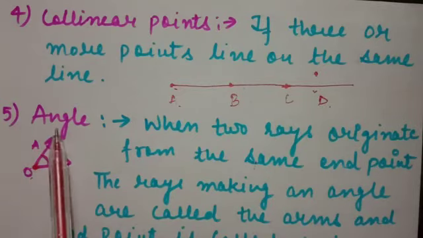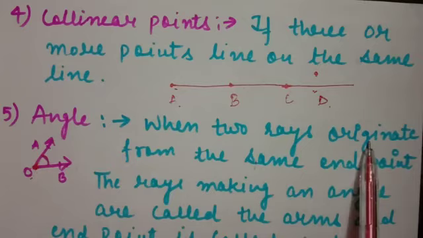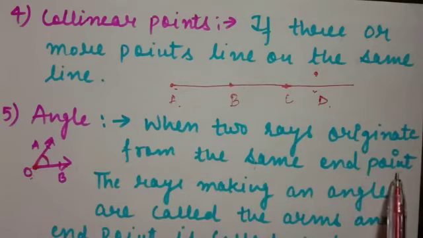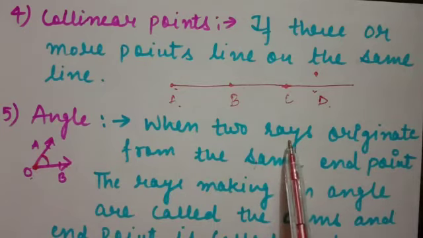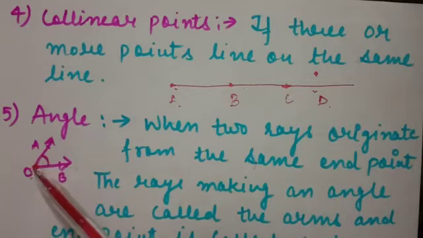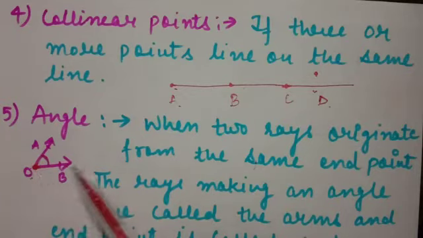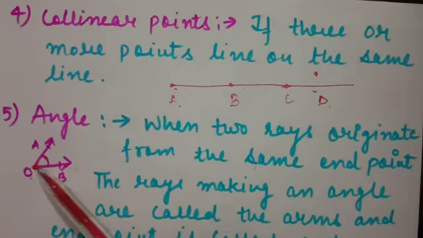Next definition is angle. When two rays originate from the same endpoint, you know ray, we learned it just 1 minute ago. We have one ray OA as well as OB.